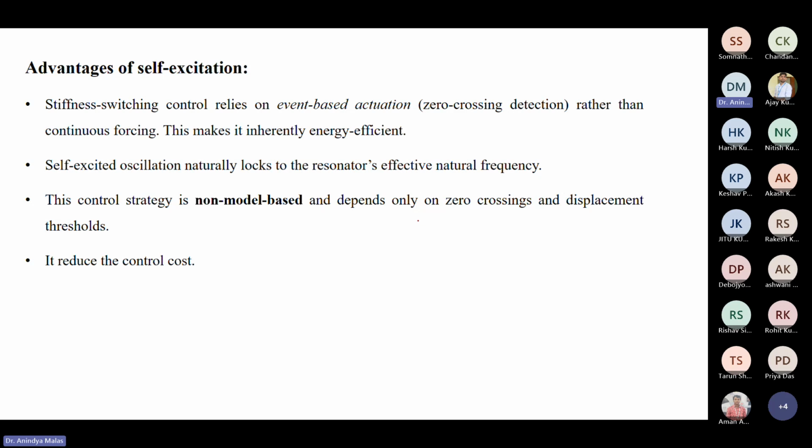The self-excitation is developed in a discontinuous function where the voltage is on-off, a switch on-off technique, and with this switching technique you can change the stiffness of the system. Stiffness also changes continuously, on-off, lower or higher value. As a result, excitation generates. That is the advantage of self-excitation.